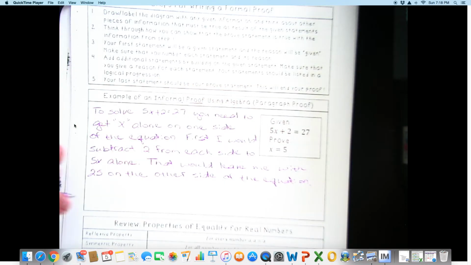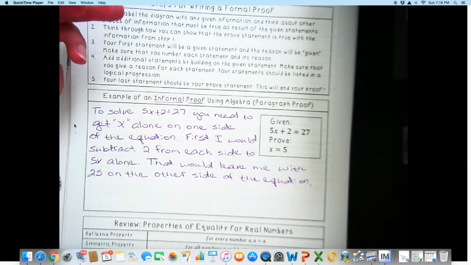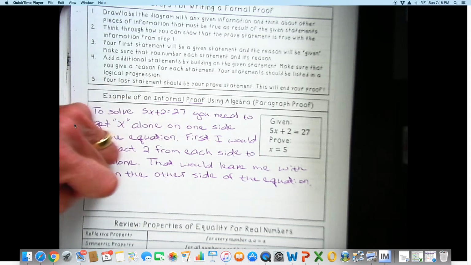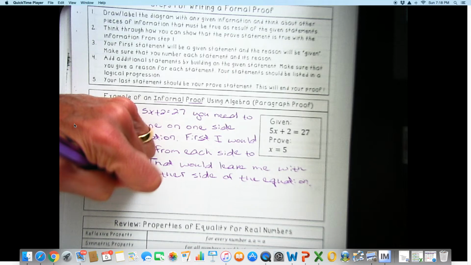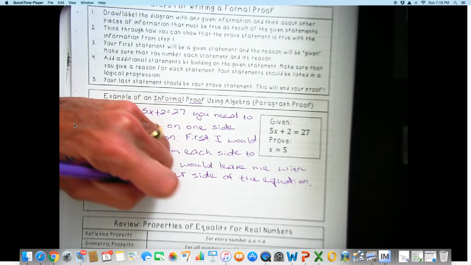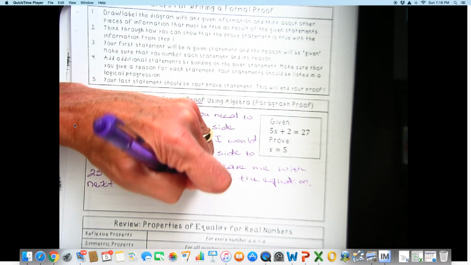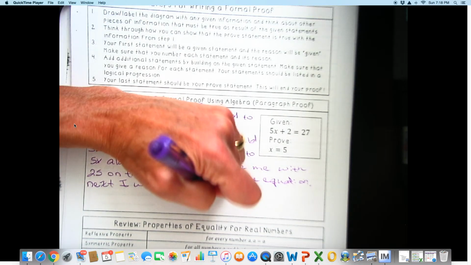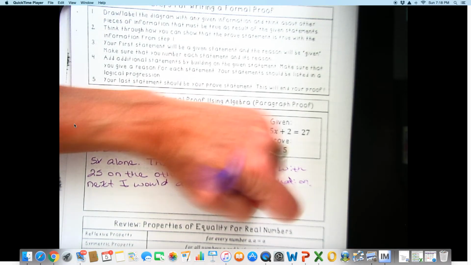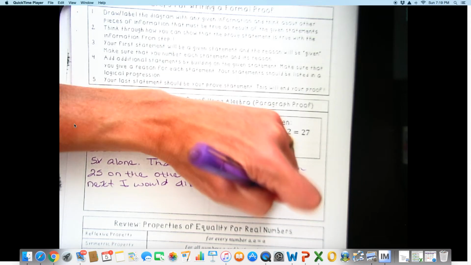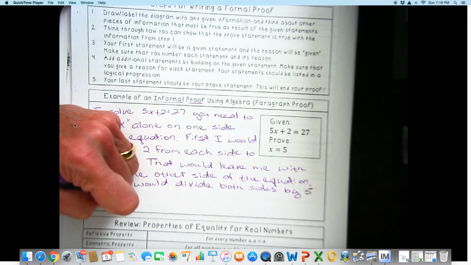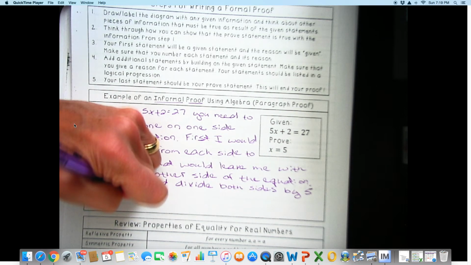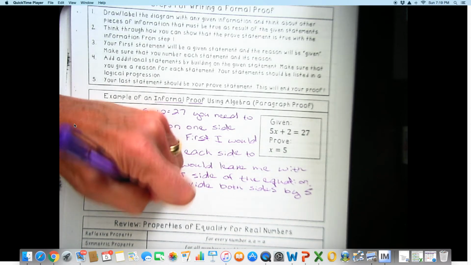Okay, then I would divide both sides by 5 to get x alone. All right, so next I would divide both sides by 5 to get x alone.